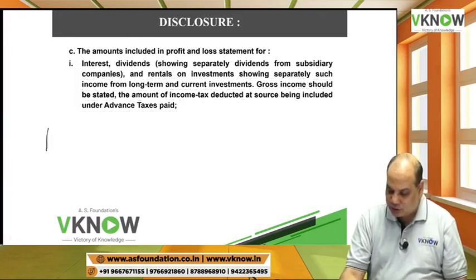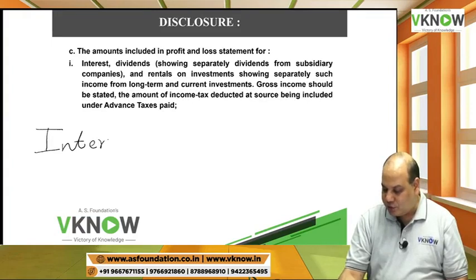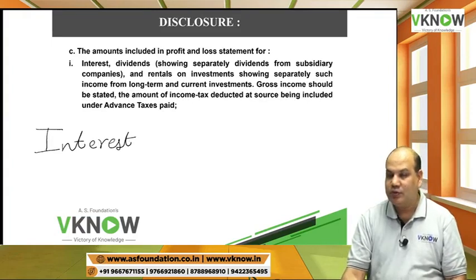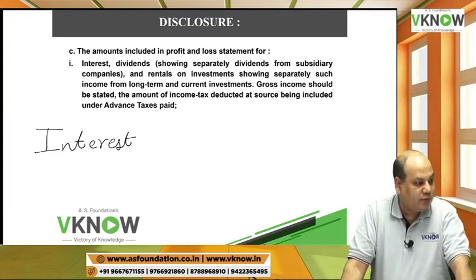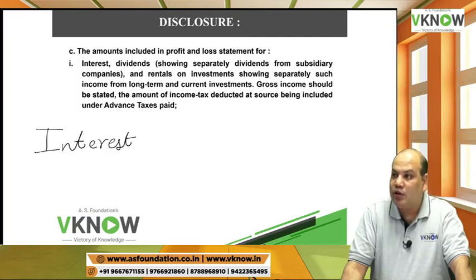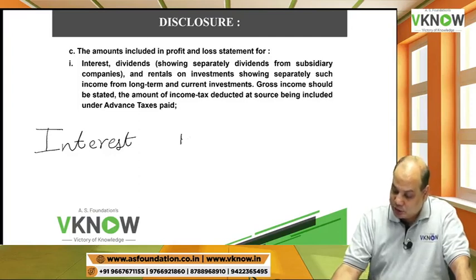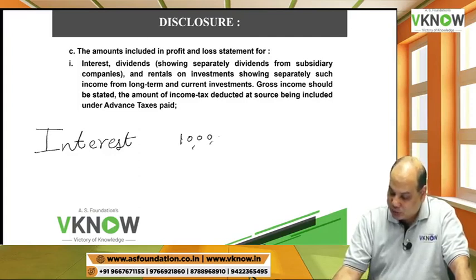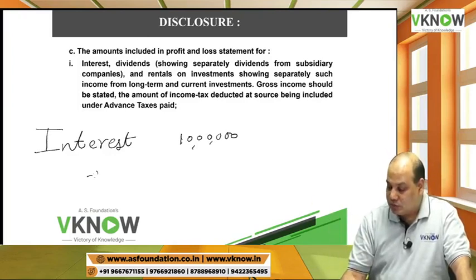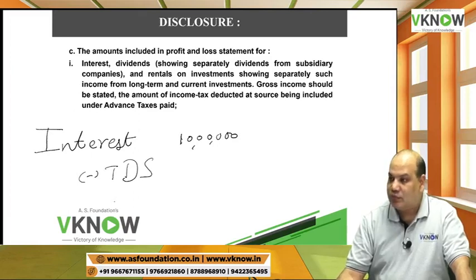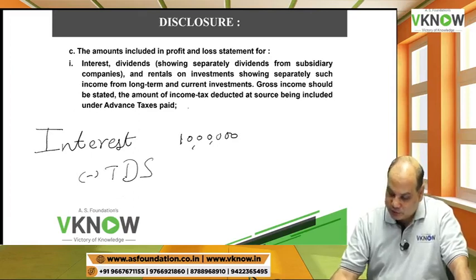Amount of income tax deducted at source will be included under advance tax paid. Nowadays, if you receive interest from bank or interest on debenture, deposit, then those companies don't pay you the full amount. Suppose interest is to be paid 10 lakh rupees. They will not pay you 10 lakh. They will deduct TDS. What is the full form of TDS?